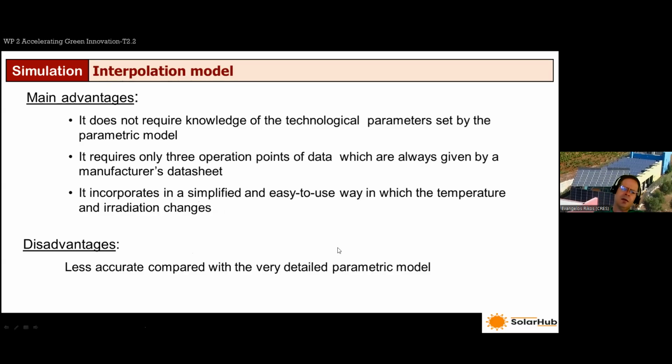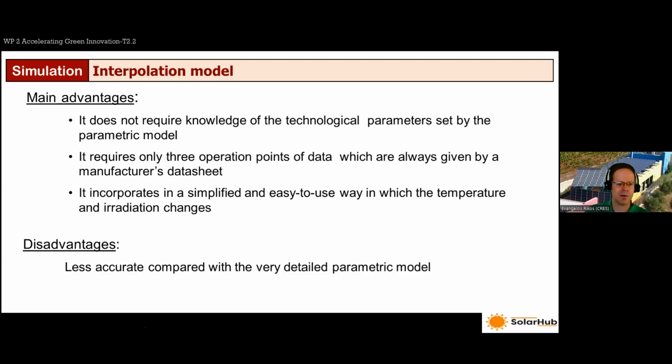There is another alternative, that is the interpolation model. The interpolation model is, let's say, a model that makes use of the detailed mathematical formulation of photovoltaic modules, but it combines it with a simplified approach in terms of parameter knowledge and calculation of the parameters.